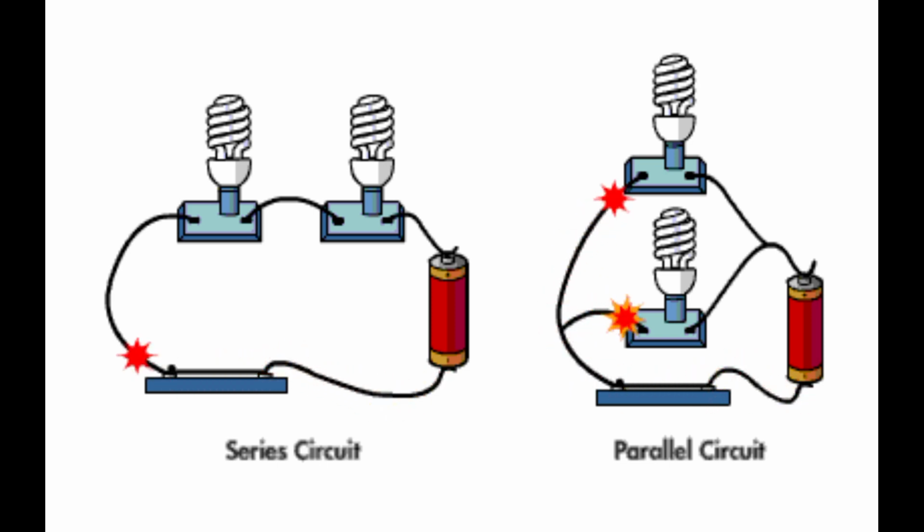You can see there are two diagrams showing two different circuits. In series circuit, there is only one path and two bulbs are connected with one single wire. In the other circuit, there are two different wires which are connected through two different bulbs, and there are two different paths through which electricity is passing.